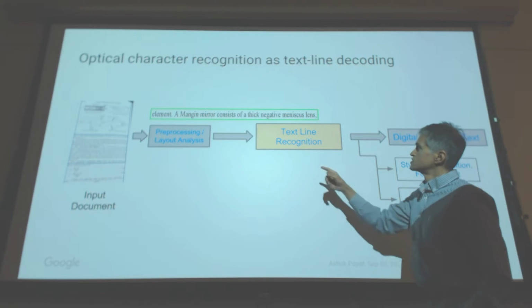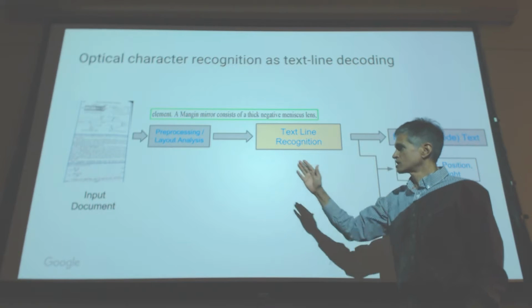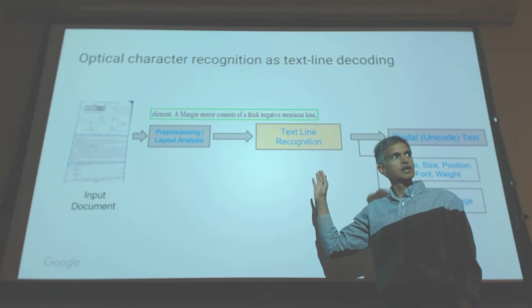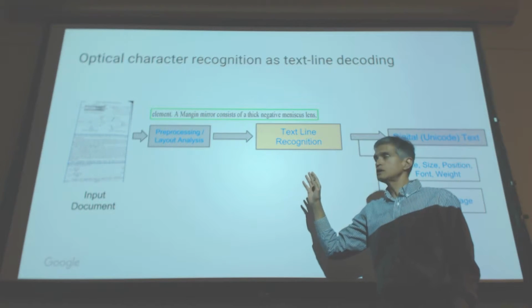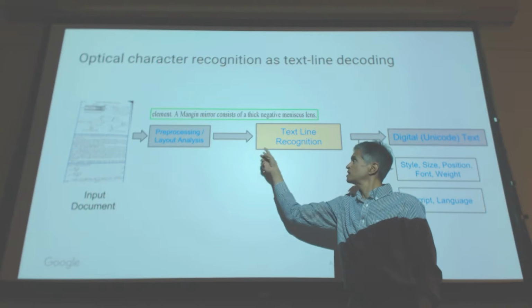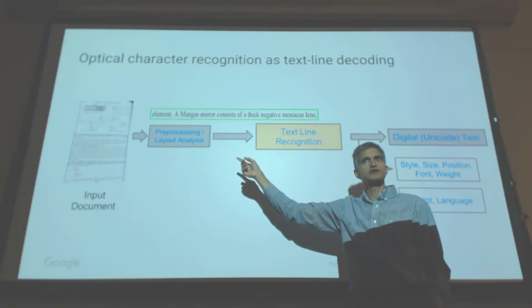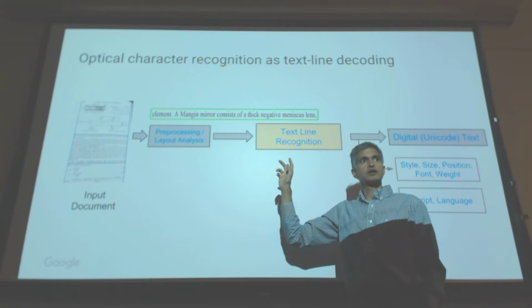Now, this pre-processing and layout analysis, I'm showing it in kind of a pipeline fashion, but maybe one could do a better job in that step if you fed back some of the semantics that you get out of understanding what's on the page. Right? So the way I'm showing it, we're not doing that.